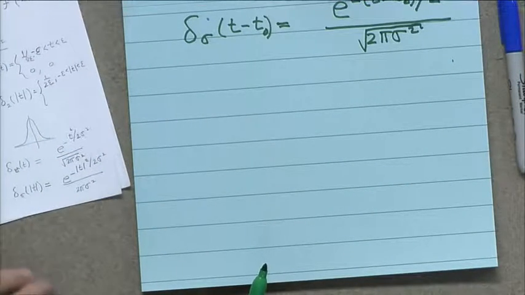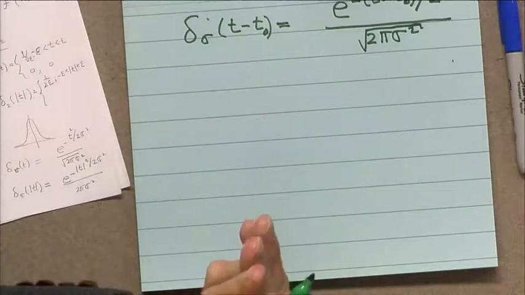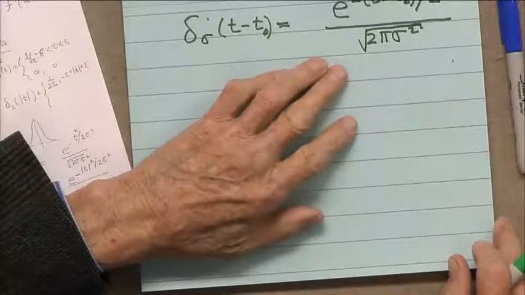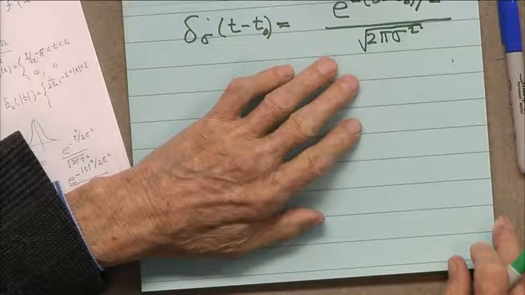That's that old normal distribution. Now, as sigma goes to 0, this thing shrinks and looks like an impulse because we know the total area is 1.